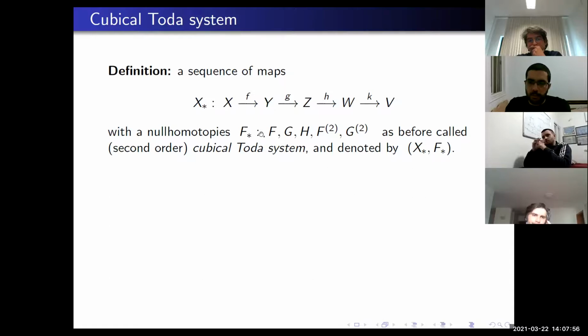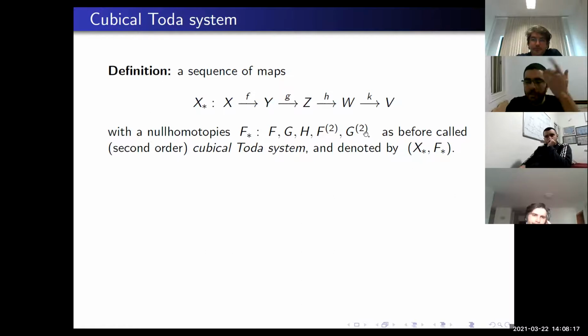What I mean by Toda system, I mean all the maps and the null homotopies I need to build the Toda. For example, for the case of 4, we must have the maps and 3 first order null homotopies and 2 second order null homotopies.